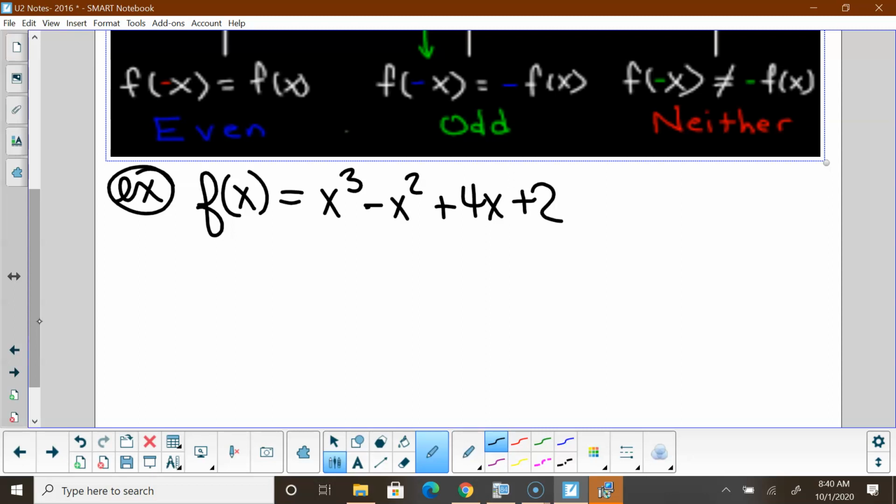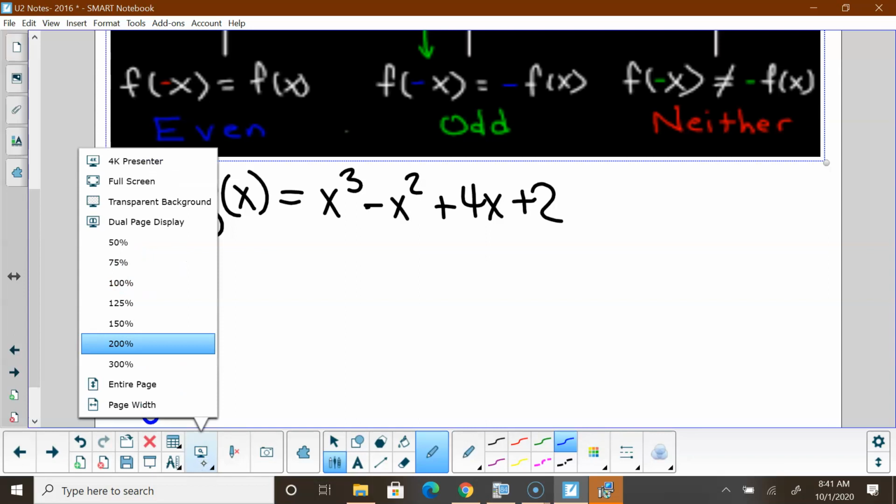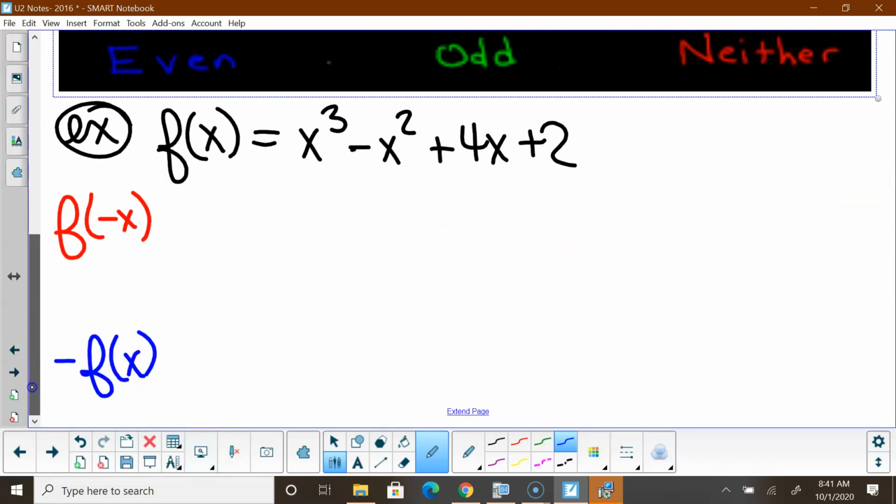I've got a couple of different things that I need to check. So for even, you're just comparing the original to f of negative x. And then if you look at odd, you're comparing this same f of negative x with a negative f of x.